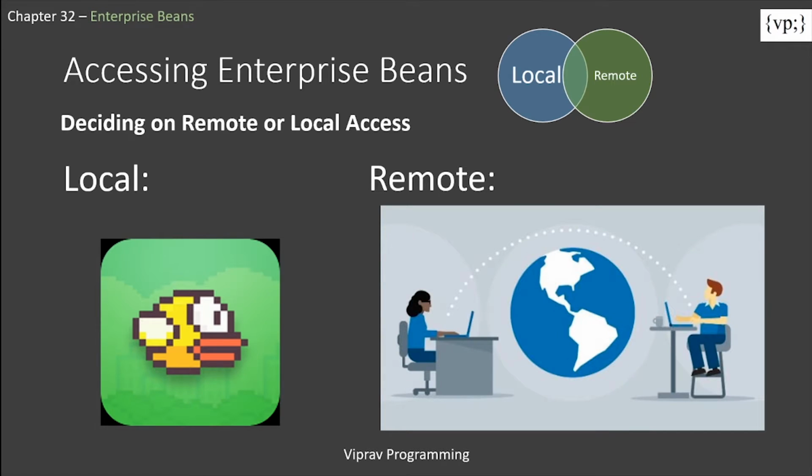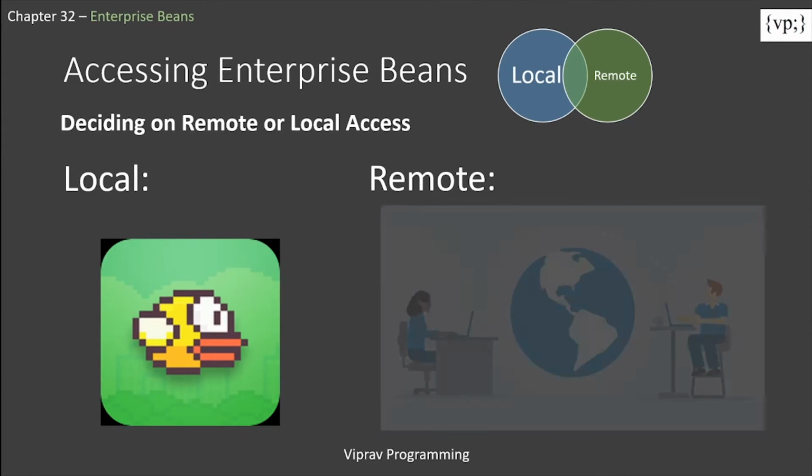Next, there is remote access, which depends on your type of client. If an enterprise bean is accessed by application clients, it should allow remote access. In a production environment, these clients almost always run on machines other than those on which your GlassFish server is running.